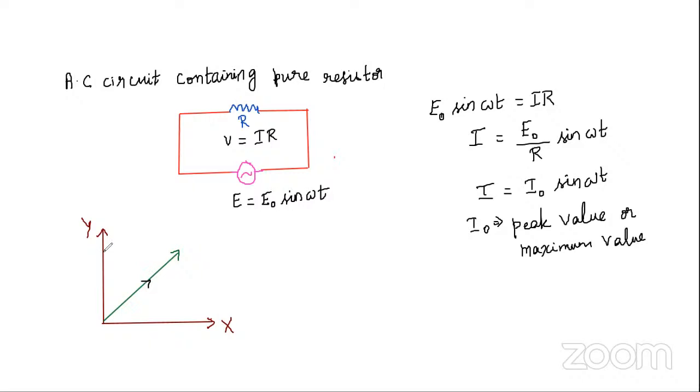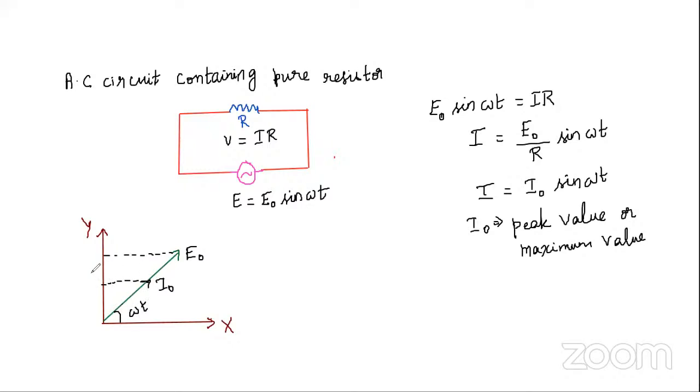So this is voltage and this is current. This is I naught and this is E naught. So you won't be having any phase difference between voltage and current.